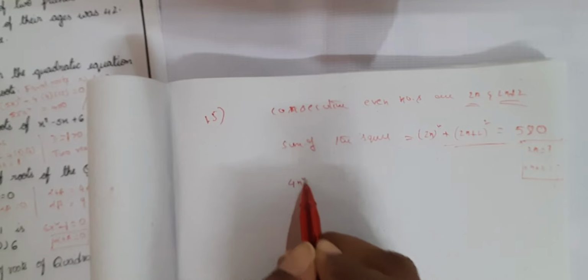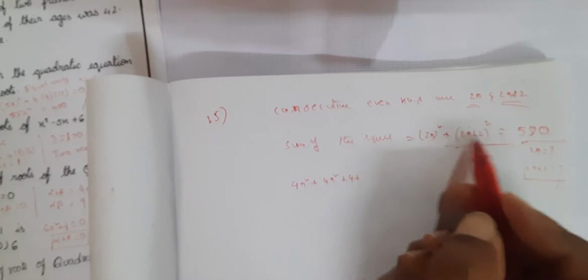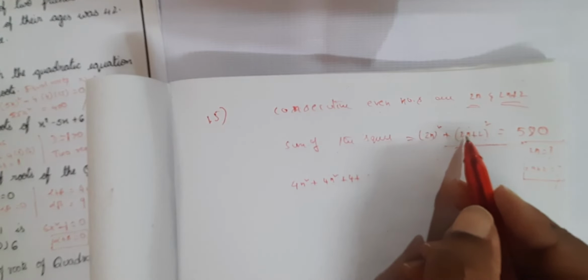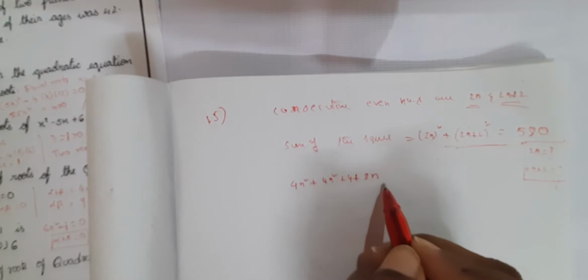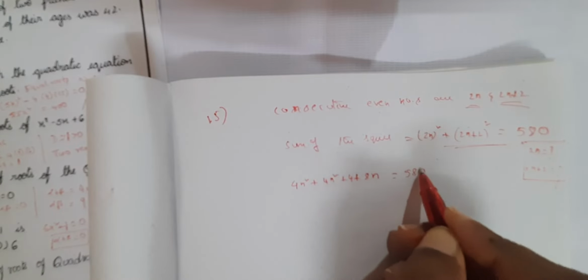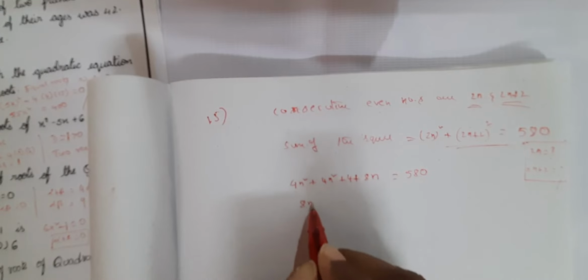It becomes 4n square plus 4n square plus 4. This is the (a plus b) whole square formula. So 2 into 2n is 4n, into 2 is 8n, plus 4, is equal to 580. Therefore 4n square plus 4n square is 8n square.